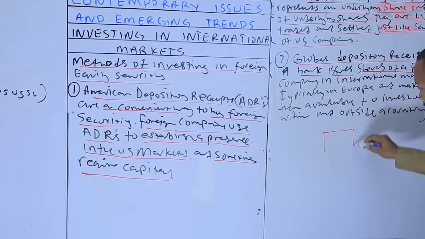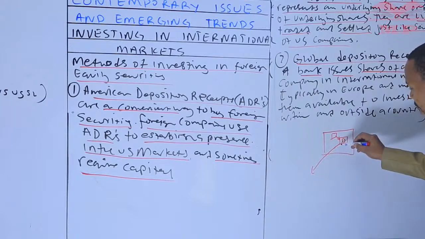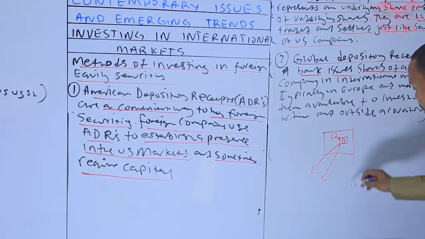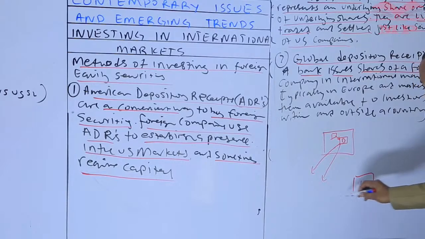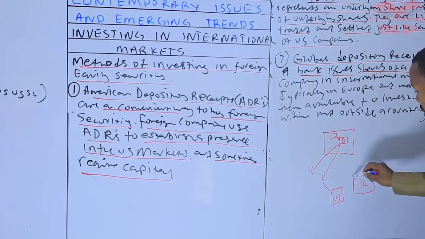So this is the country here. This bank or firm over here makes a deposit of the shares with this bank over here. This bank then issues depository receipts in foreign markets. Once it issues them, investors in Kenya, in Uganda, can actually invest in those securities in those other countries.